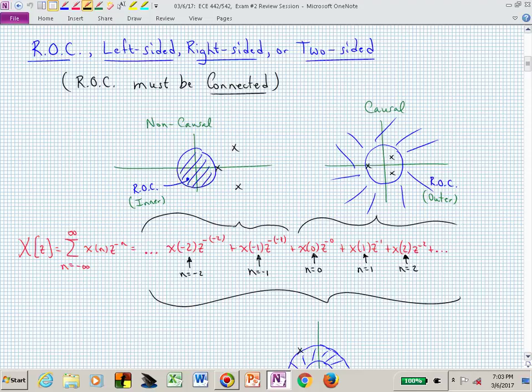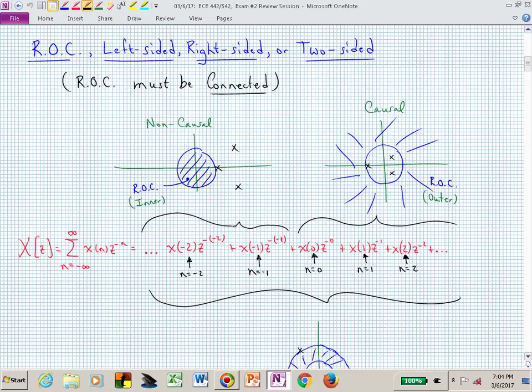If you picked any point inside the blue shaded area, let's say z equal to 0, and you plug that into x at time 1, you're dividing by 0, and that makes no sense if this is a well-behaved or bounded expression for capital X of z.